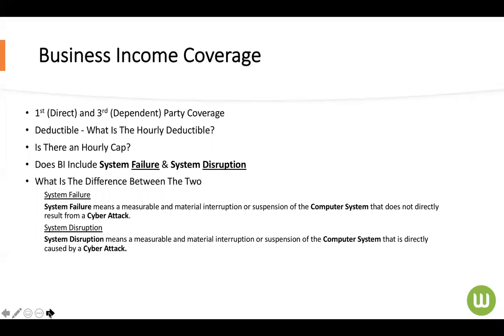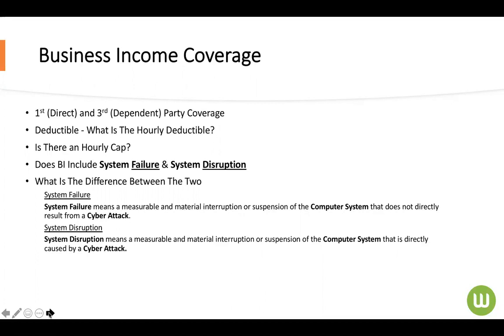And you can take that for any business. So you're down for 3 days, you're losing income. Access's policy would respond even though the event has nothing to do with a cyber attack. It's a very unique coverage, and not every policy provides that because it is not related to a cyber attack.